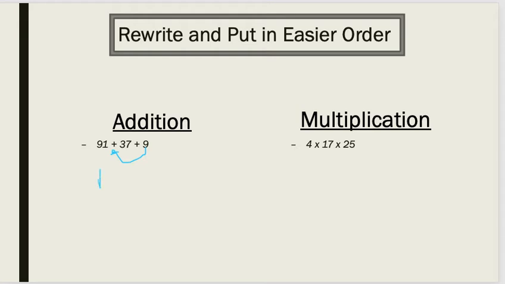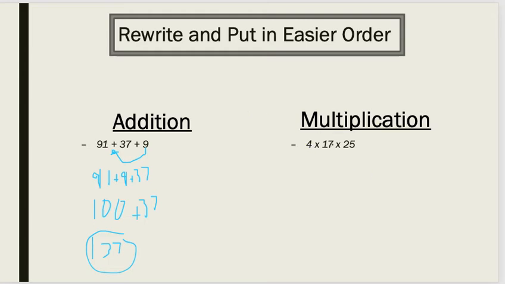So that becomes 91 plus 9 plus 37. Right? 91 plus 9, well, I know 1 plus 9 is 10, plus 90, that's going to be 100, plus 37 equals 137. That's our answer. Okay? So again, it just helps us through rewriting these and putting it easy in order.